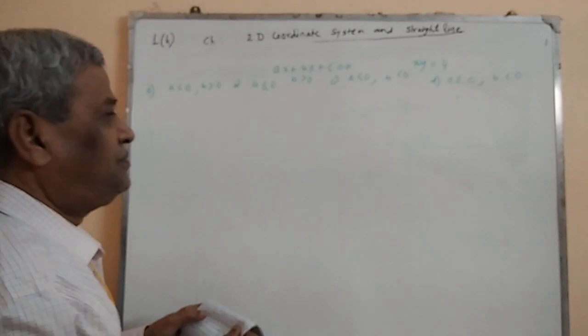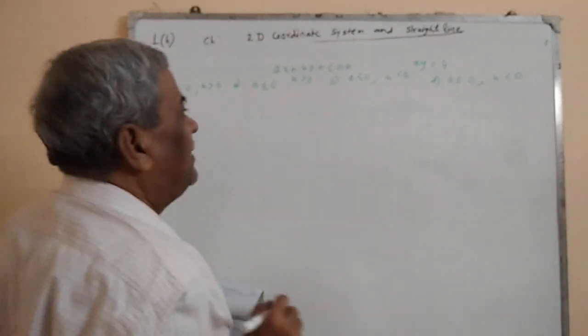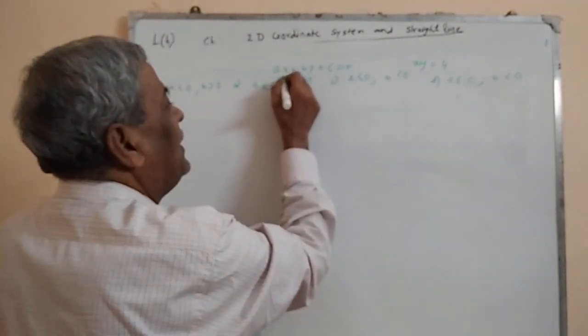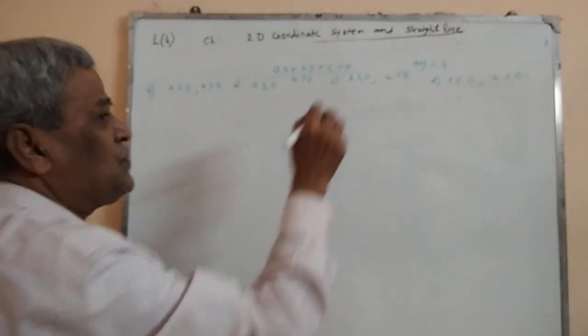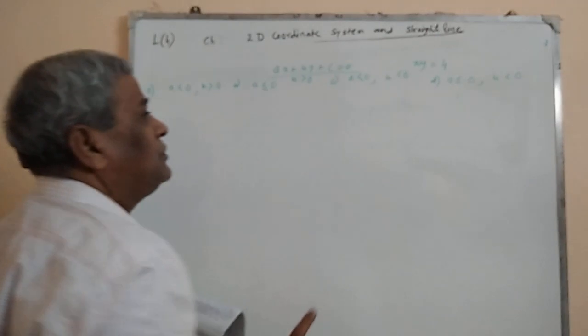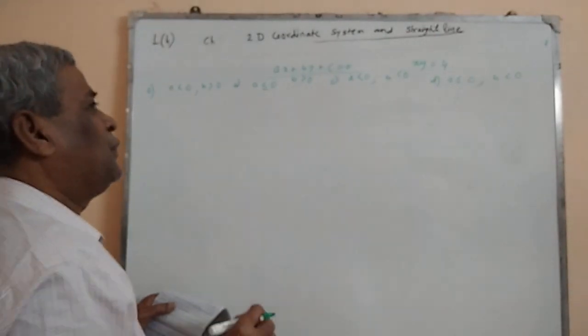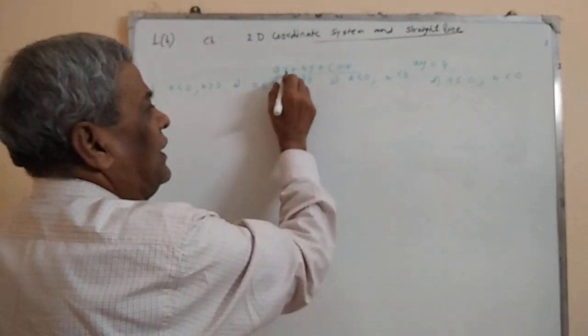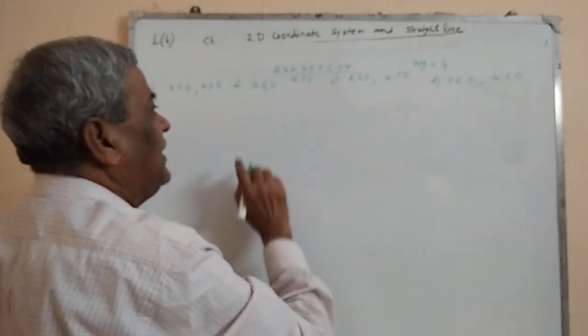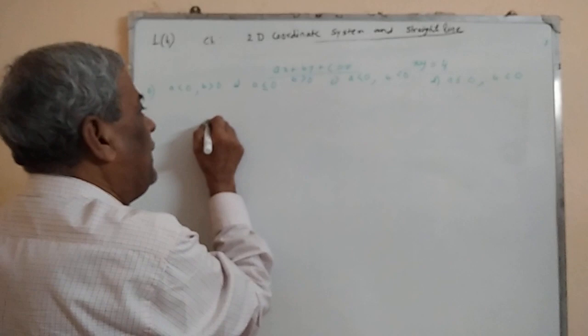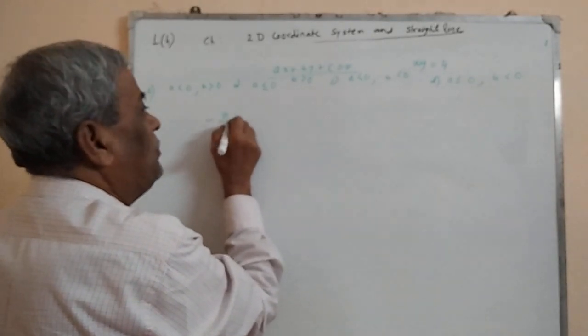So, given that this is the equation of tangent of this curve xy is equal to 4, the gradient of this straight line is simply minus a by b.